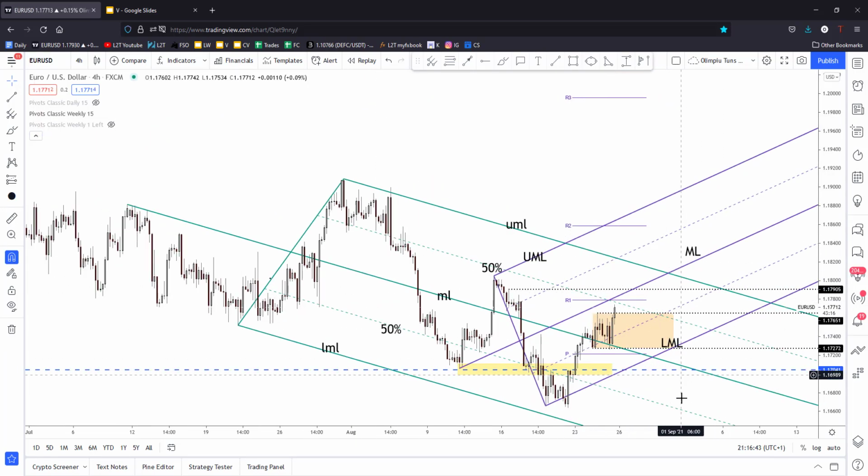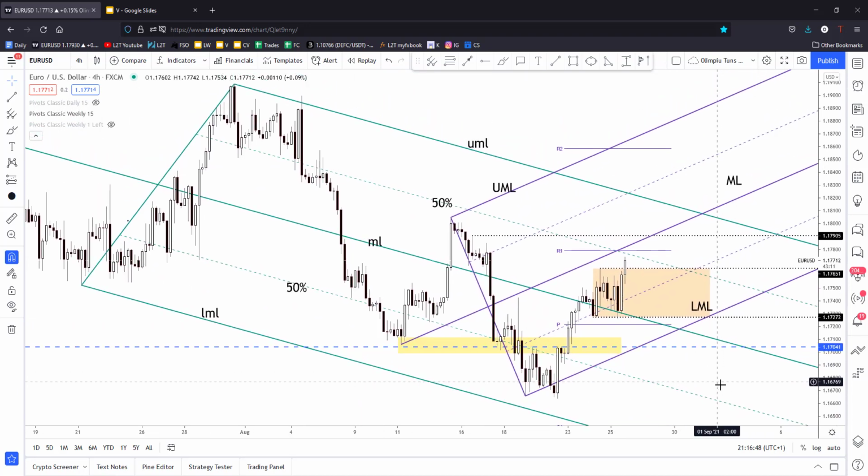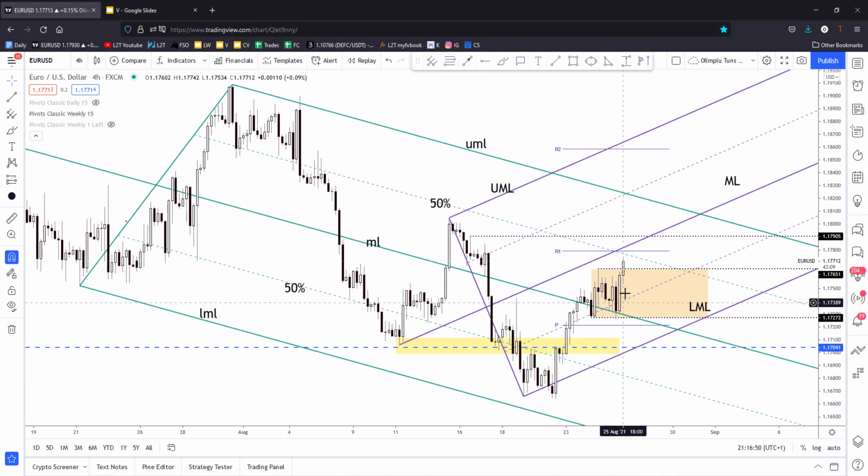And as you can see here, as I told you yesterday in an analysis, the euro versus the US dollar could still increase as long as it stays above the medium line of the descending pitchfork. Also, I told you in today's webinar that the pair euro versus the US dollar is trapped within something like a range pattern.